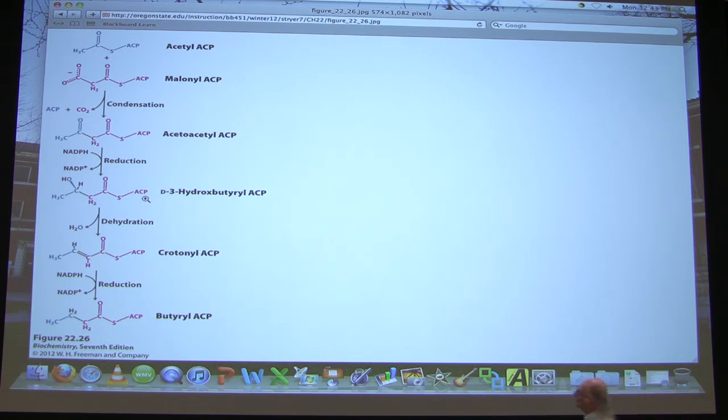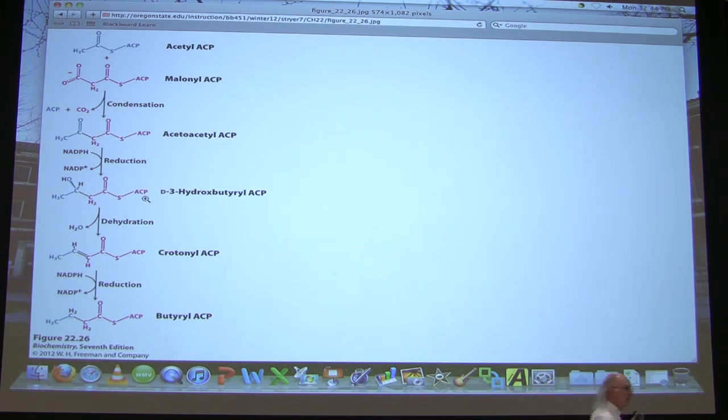Now we're home free because now that looks just like the end of fatty acid oxidation. The first thing we're going to do is reduce that ketone to an alcohol. We do that using NADPH. That makes a hydroxy group. Again, between carbons 2 and 3 is where all the action is. This one's in the D configuration.